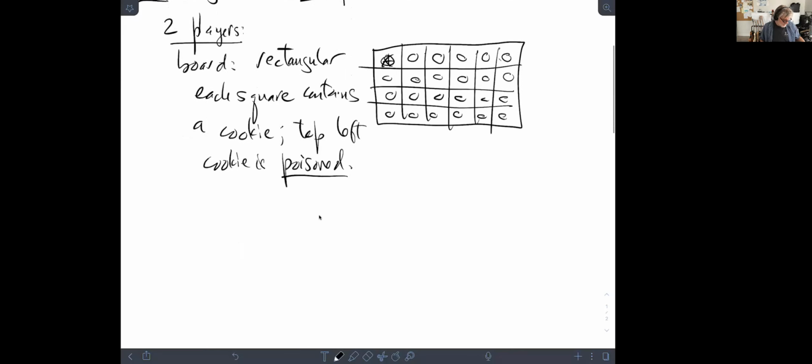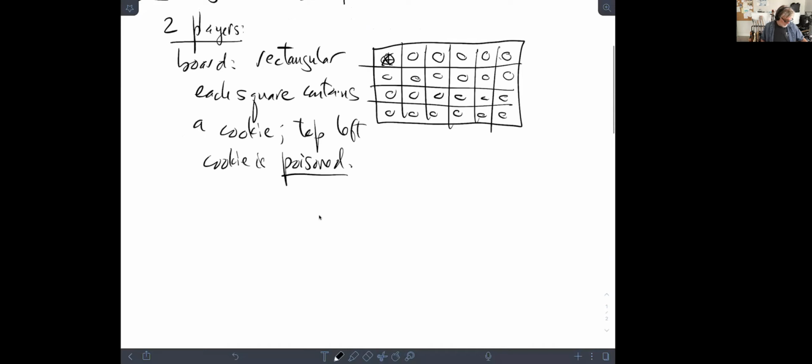So the game is this. At each turn, players play one after another.